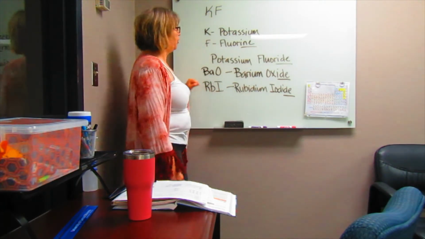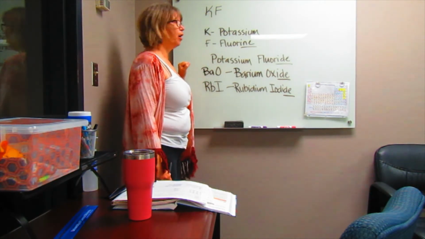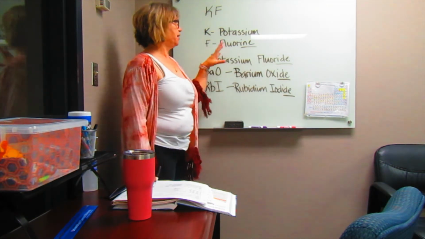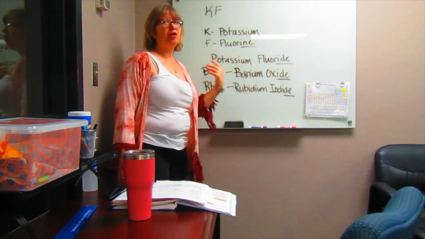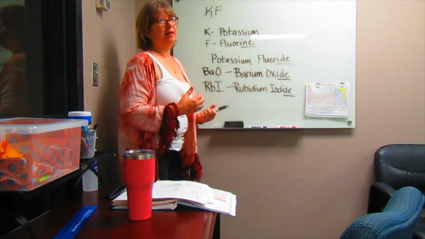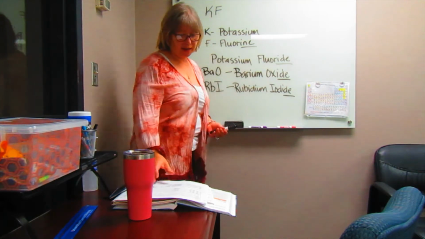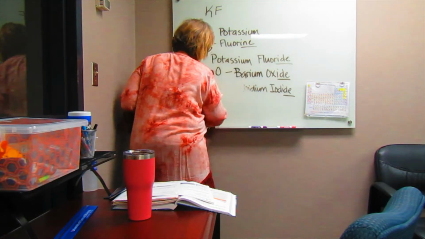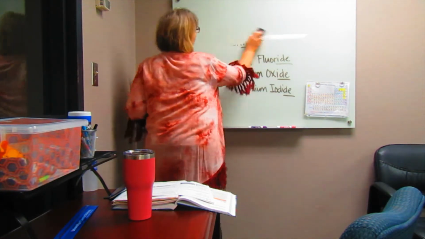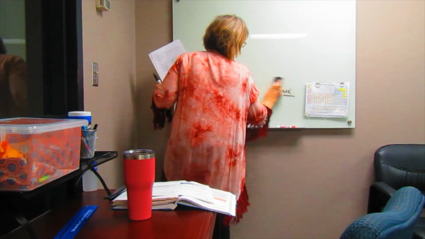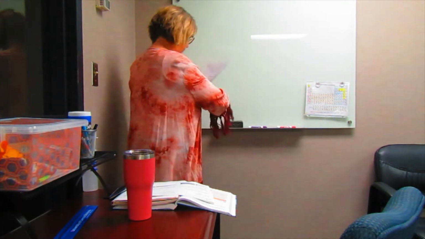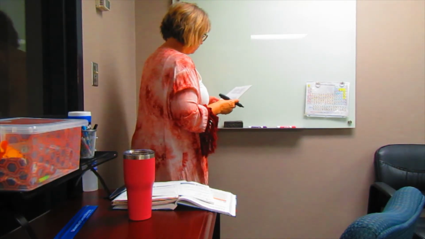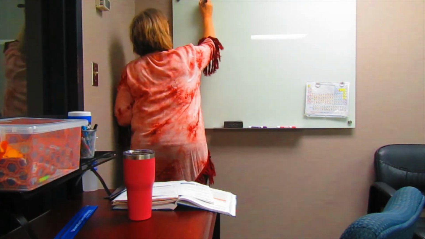So you've got a few of these in your homework. I heavily suggest that you do them because the rules are going to change depending on what kind of compound it is that you are being asked to name. Okay, so let's take a look at a polyatomic ion. So we have a polyatomic, this one here.